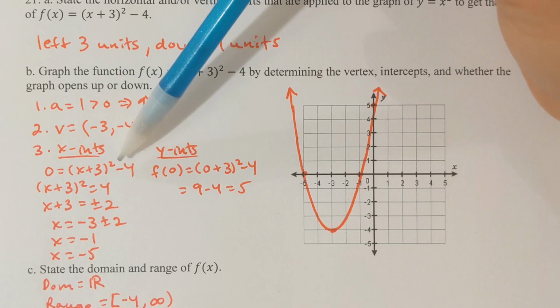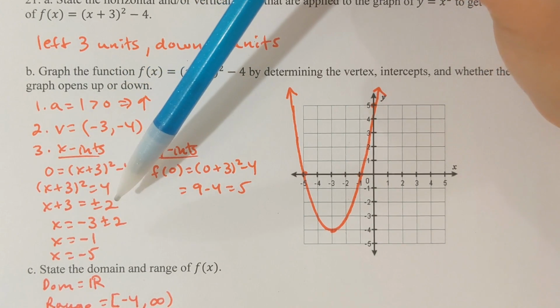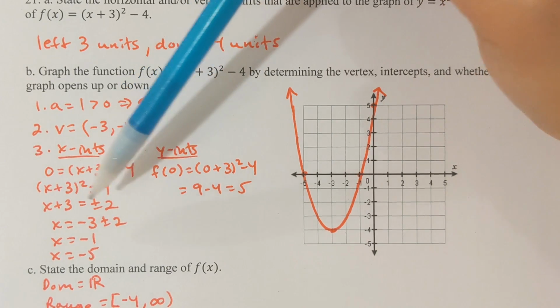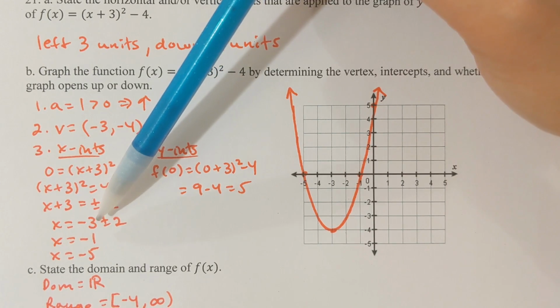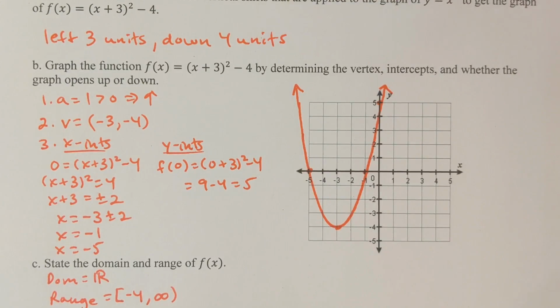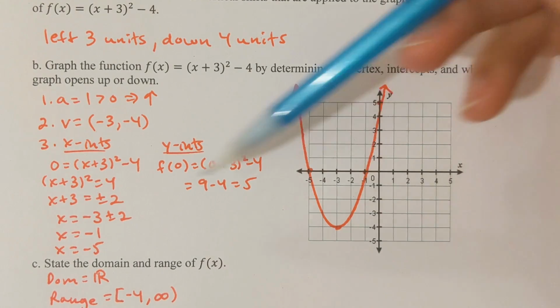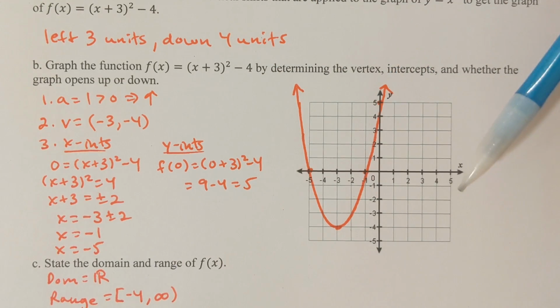If I add 4 to both sides and then take the square root of both sides, don't forget about the plus or minus when you take the square root, and subtract 3, negative 3 plus 2 is negative 1. Negative 3 minus 2 is negative 5. So this parabola is going to cross the x-axis at (negative 1, 0) and (negative 5, 0).